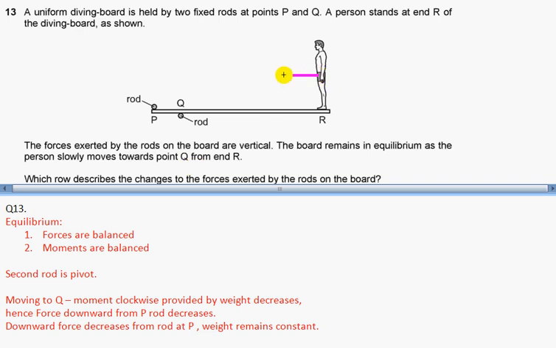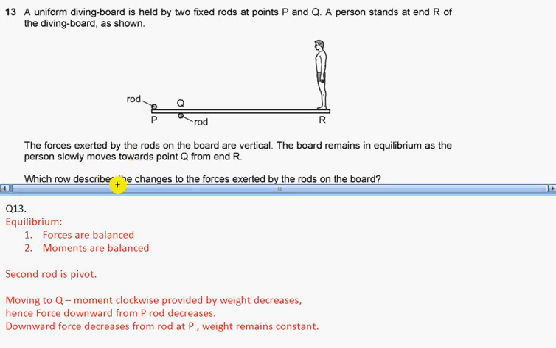So, the person moves forward. It means that the force produces less and less turning moment, and the pivot is at this point. So if we have less clockwise moment, then we have less anti-clockwise moment, so this force also decreases.